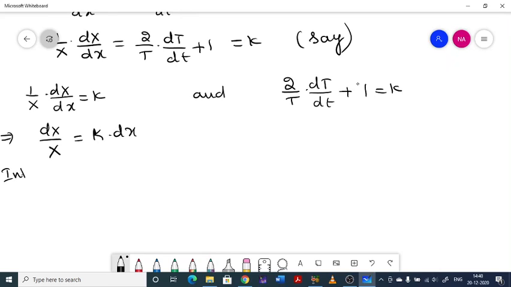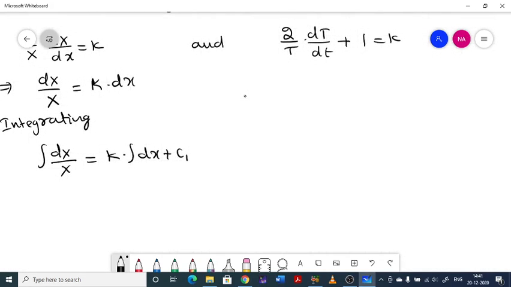Integrating, we'll get integral d capital X by capital X equal to k into integral dx plus constant c1. So I'll get log capital X equal to kx plus c1.